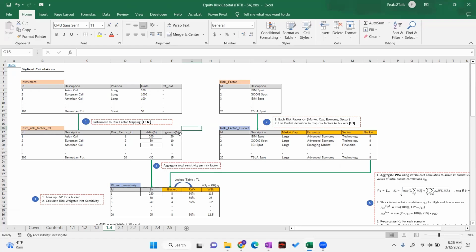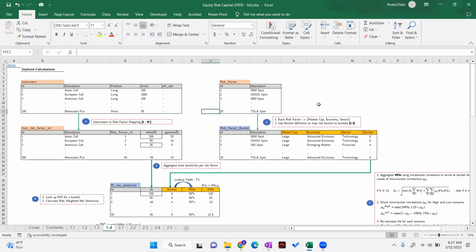Pretty obvious, right? Instruments are like bundles of risk factors. If you look at an option, how many risk factors are there? Spot price, there is volatility, and other things. If you have a basket option, there could be two stock prices. One basket option will be mapped to two spot prices as the two risk factors. All right. So that's the 1 to n.